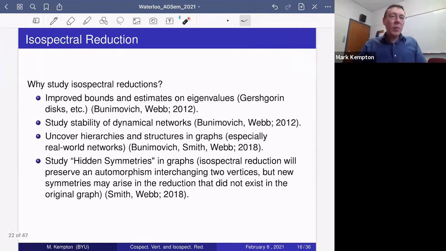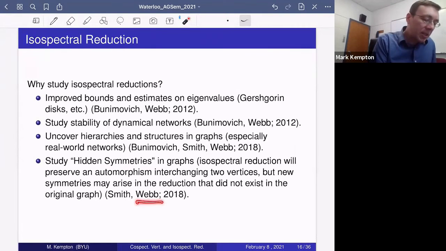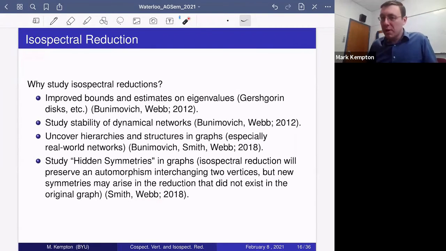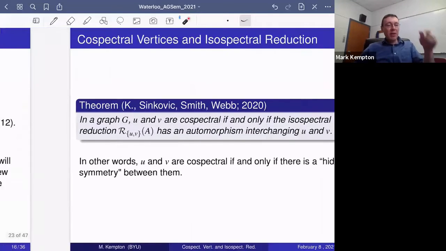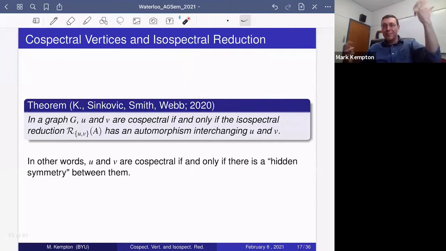Okay, so kind of the story behind this: Ben Webb is a colleague of mine here at Brigham Young University. And as I was applying for a job here, I gave a talk about this quantum state transfer problem and talked a lot about cospectral vertices.